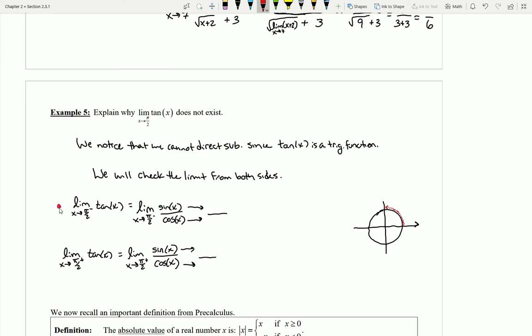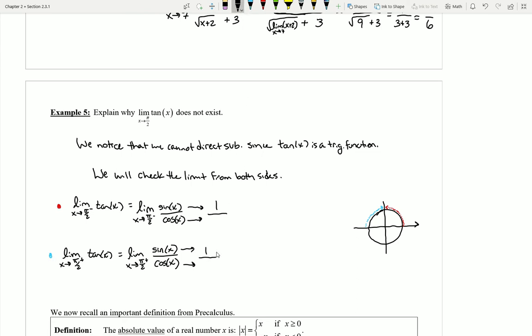And so that corresponds to this first limit. Remember the sine is going to be tracking the y-coordinates of points on my circle. So when I get up to the top, it looks like this would be making the sine move towards the value of 1. I can also see the same thing happens when I approach the other way. If I approach pi over 2 from bigger angles, I'm still going to end up with my sine approaching 1.